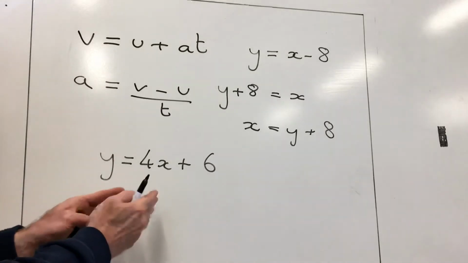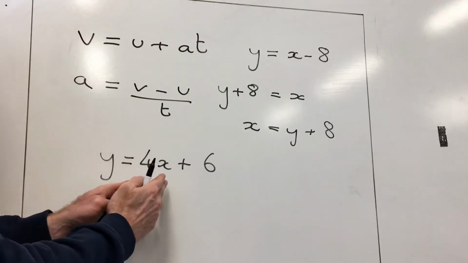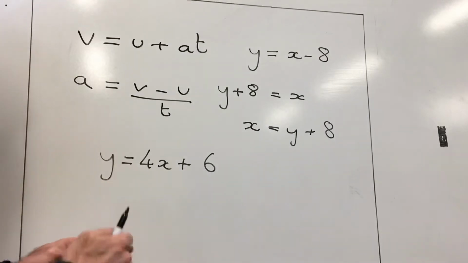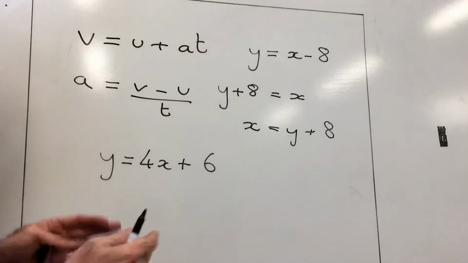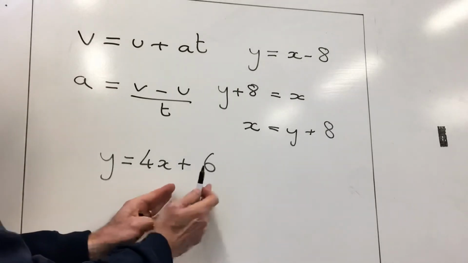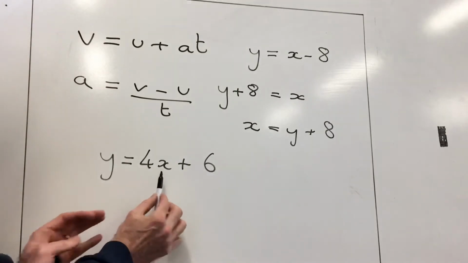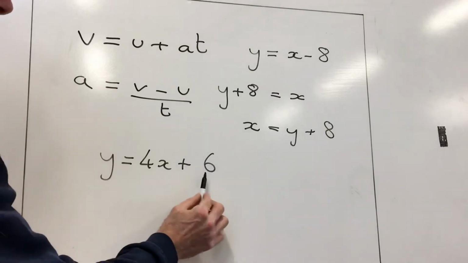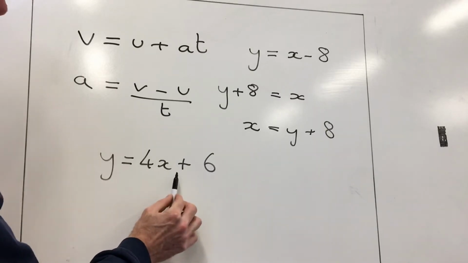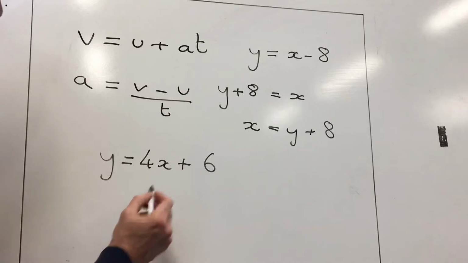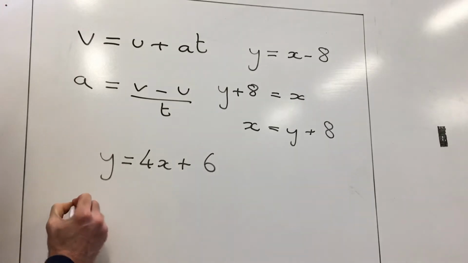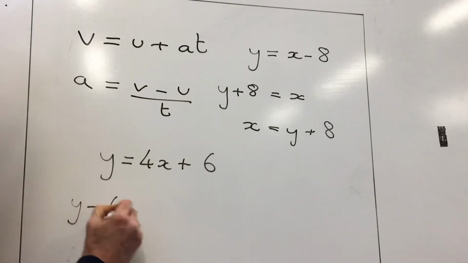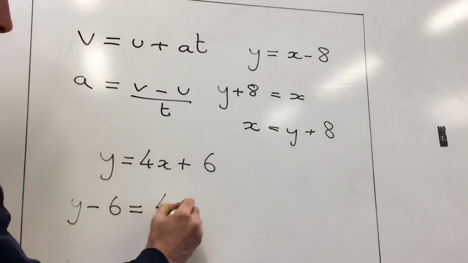And to get x on its own, we need to do the inverse operations. So the first thing I'm going to do to this side, we're trying to get x on its own, remember, is take away 6 from both sides. If I take away 6 from both sides, I'm left with y take away 6 is equal to 4x.